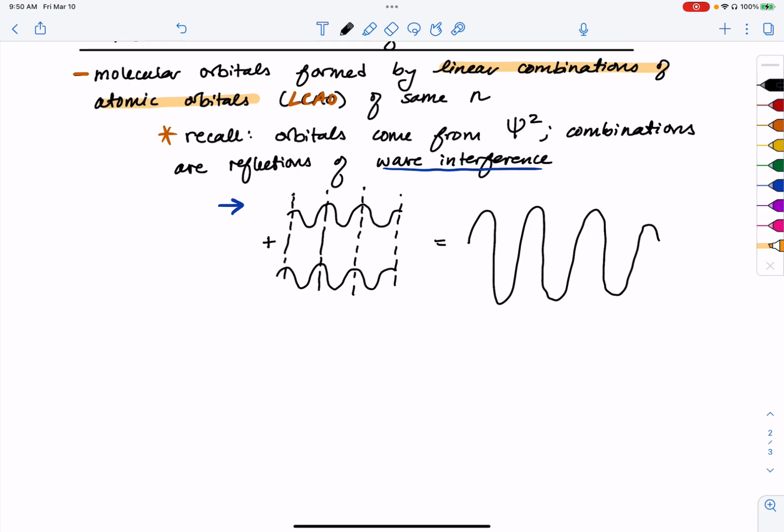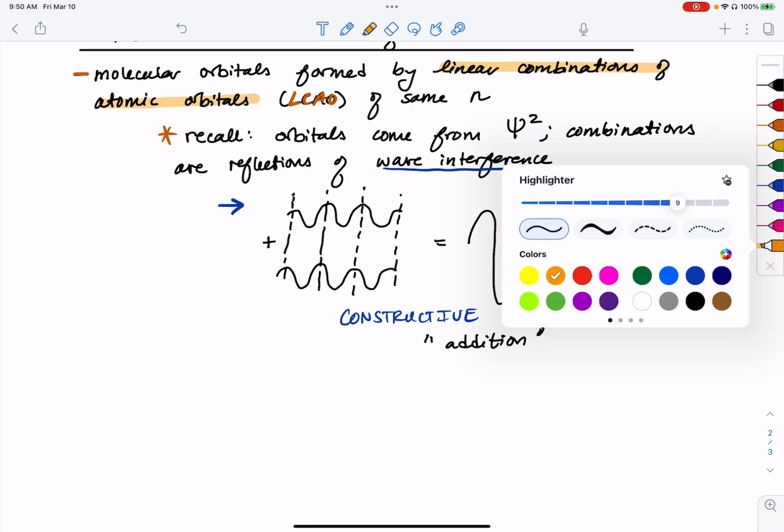This is our constructive interference. And this constructive interference can be thought of as addition. This is like the sum of two waves.